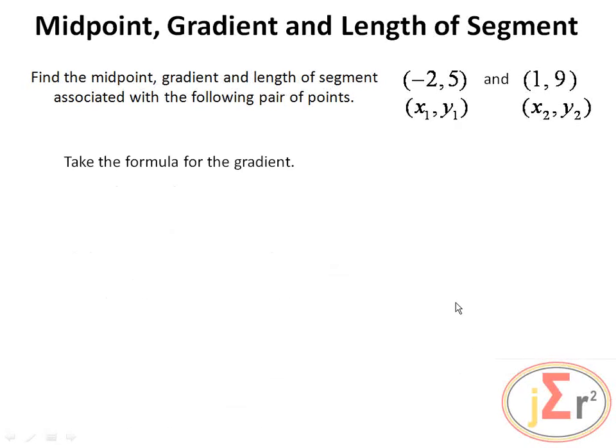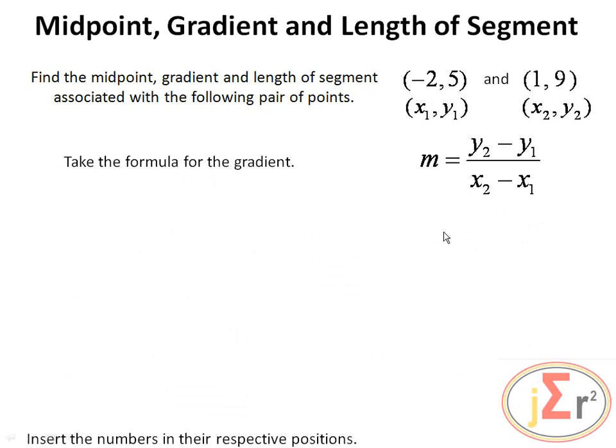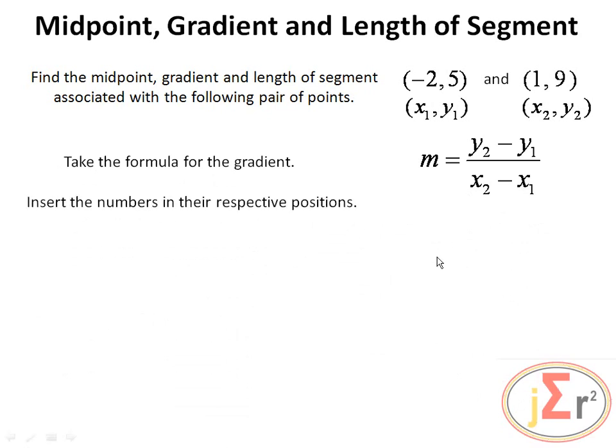So take the formula for the gradient now. M is equal to y2 minus y1 over x2 minus x1. Insert the numbers in their respective positions. So what we are going to say, this is y2, which is 9, it goes right there. And y1 is 5, it goes there. x2 is 1, goes there.